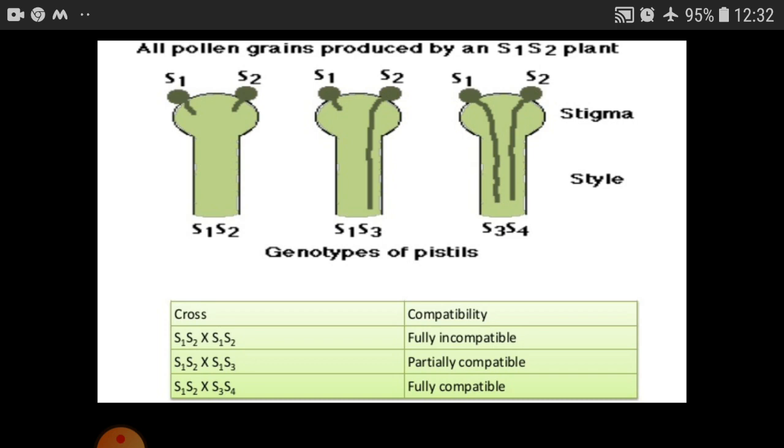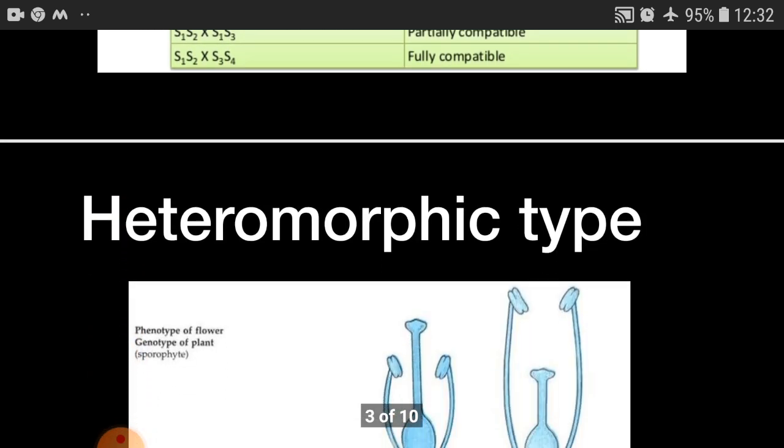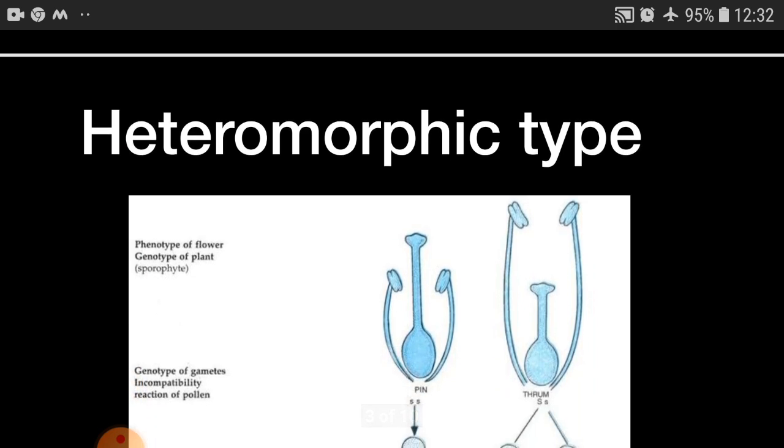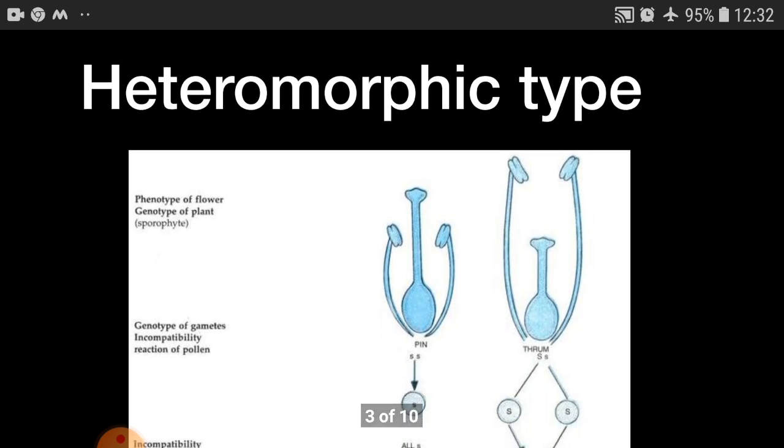Now this self incompatibility can be divided into two morphological types, that is heteromorphic type and the homomorphic type. First we will take up the heteromorphic type. Heteromorphic type is the type in which two or more morphologically distinct mating types occur within a species, which can be recognized without a breeding test.